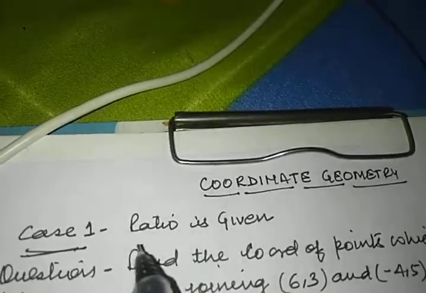Now come to some questions. I have divided the questions into a few sections, as they are asked on these bases only. See very clearly. First is case 1, when the ratio is given.